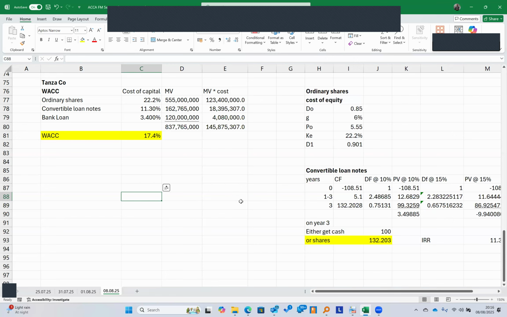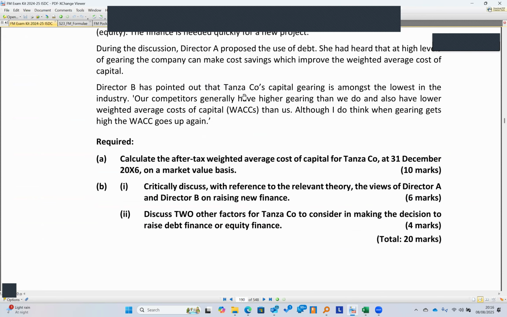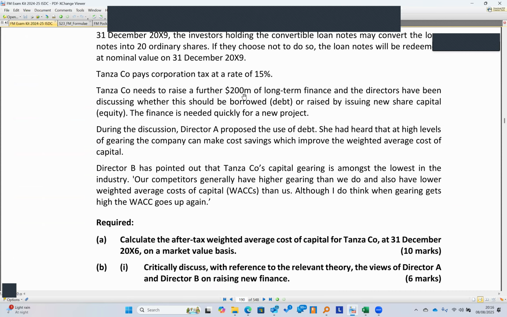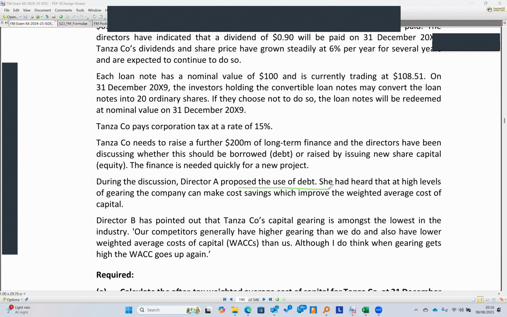Now, let's now go to these views. Okay. These views, the first view is for Director A, says we should use debt because she heard that at high levels of gearing, company can make cost savings which improve the weighted average cost of capital.